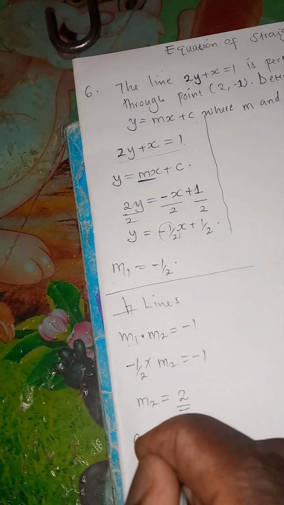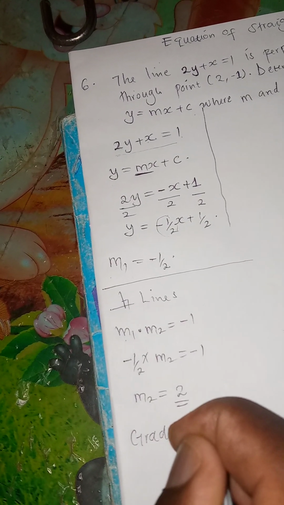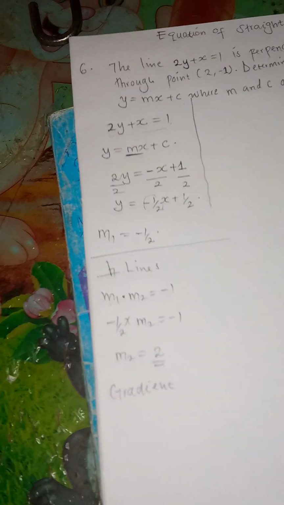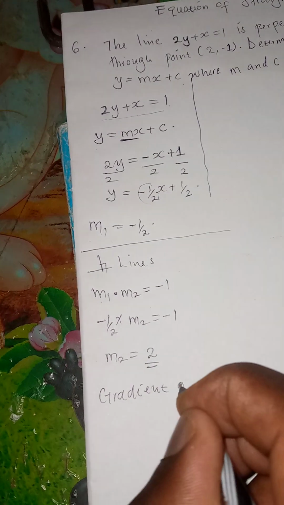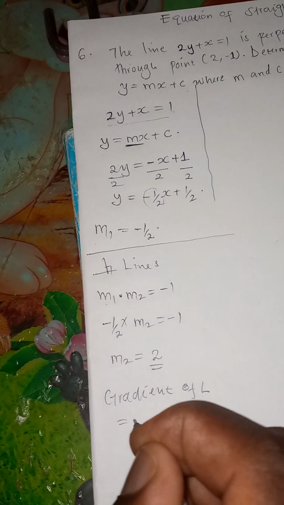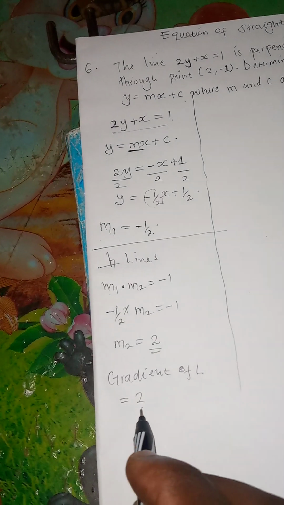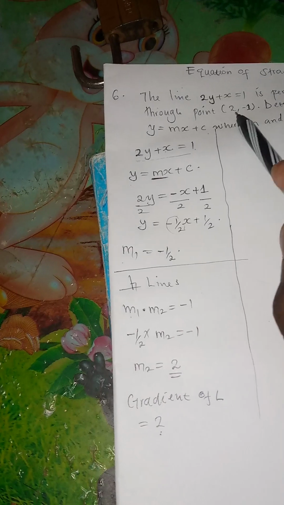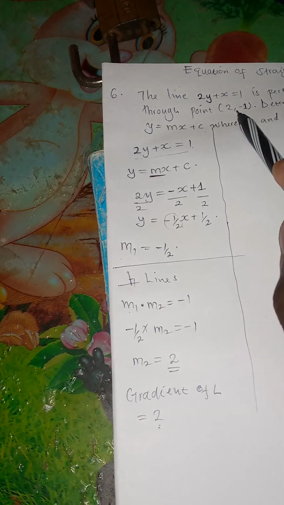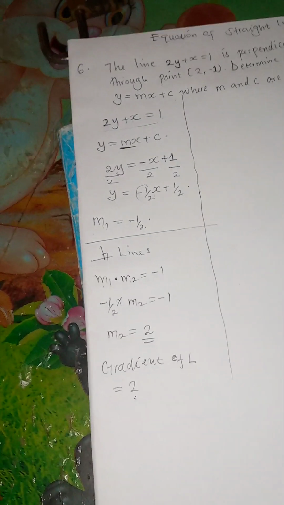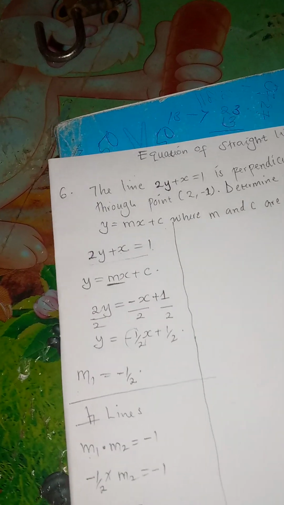So the gradient of L equals 2. Now we know the gradient and we know one point on the line, so we can find the equation.